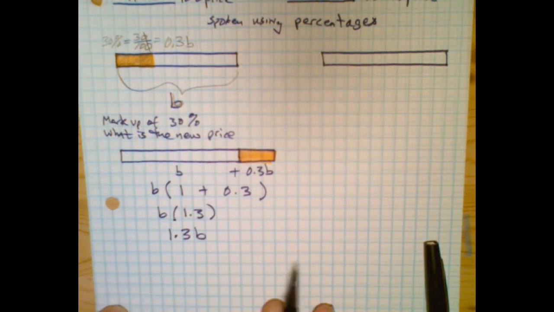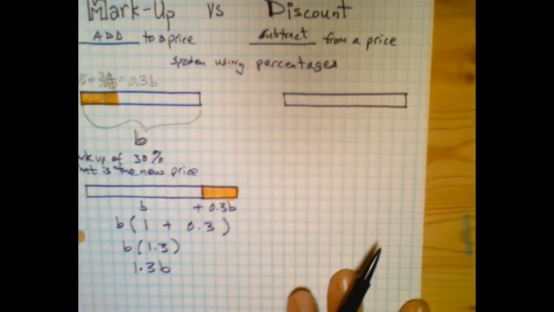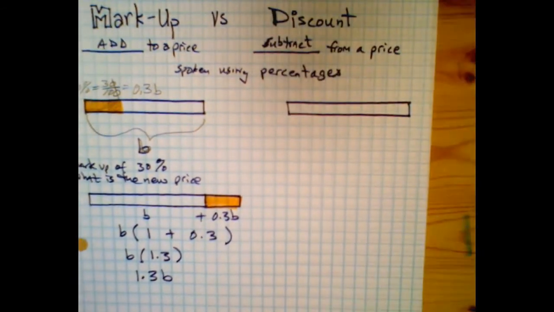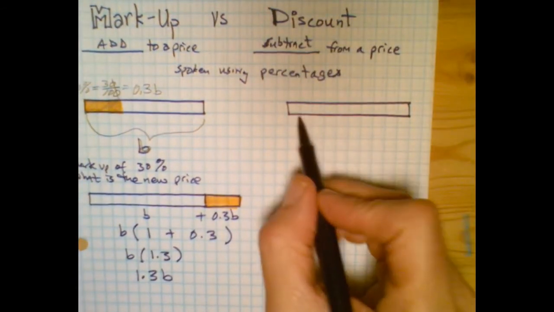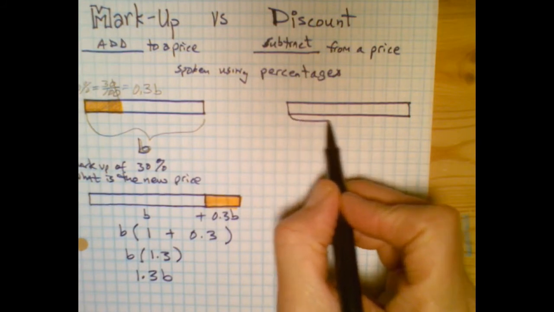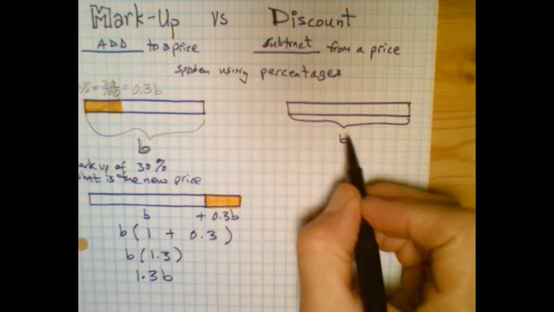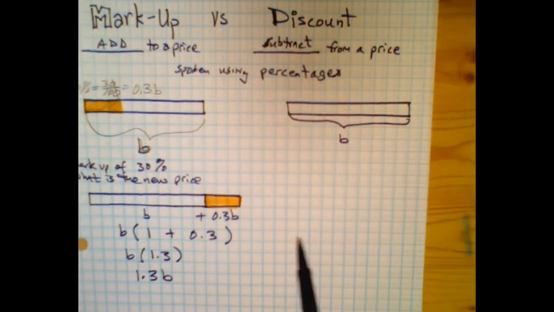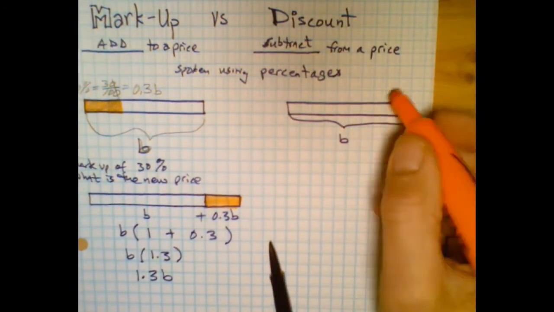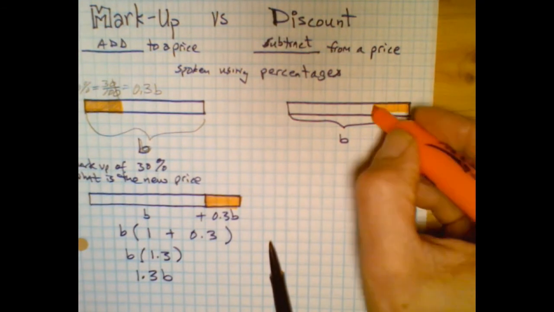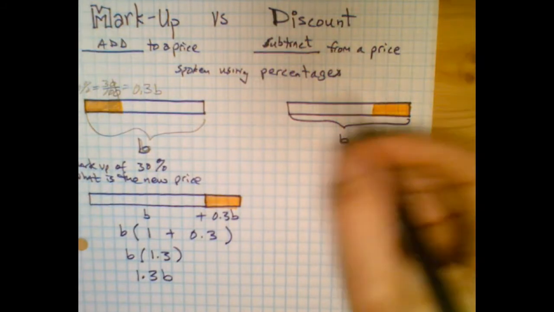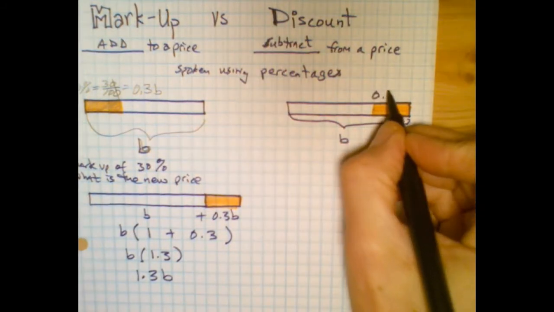at 30% markup. If we were to look at a discount, it's much the same thing, except this time we're going to subtract. So here's my original price B. And this time I'm taking 30% off. So 30% off would be this portion of it. And that portion is 30% of B, the same value again.